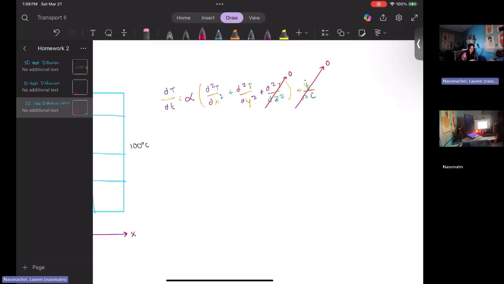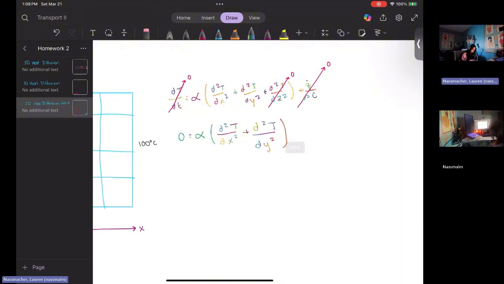And then our change in temperature over our change in time is also going to be equivalent to 0. So that equation that we're going to use is 0 equals our thermal diffusivity multiplied by the second derivative of temperature over the second derivative of x plus the second derivative of temperature over the second derivative of y.